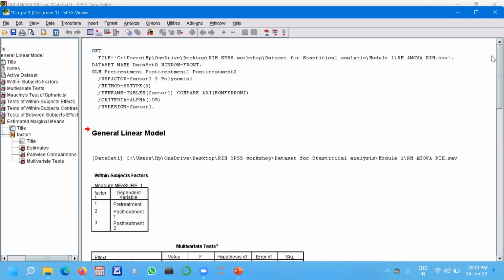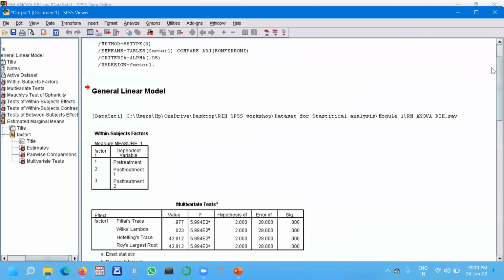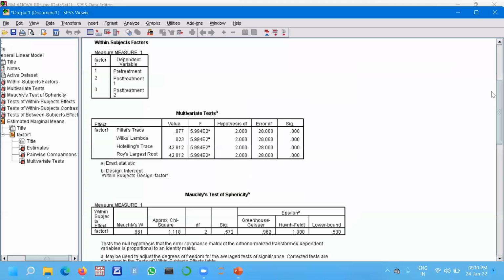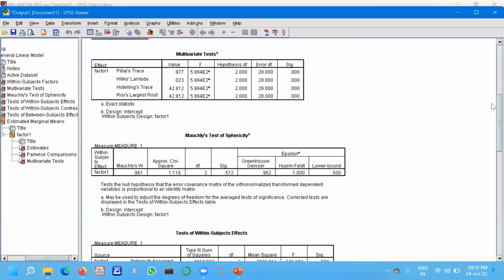Okay, so in the general linear model, the first assumption is the test of sphericity. For testing the sphericity, there is a test called Mauchly's test of sphericity. I shall give the interpretation for that. Mauchly's test of sphericity is one of the tests of assumption.